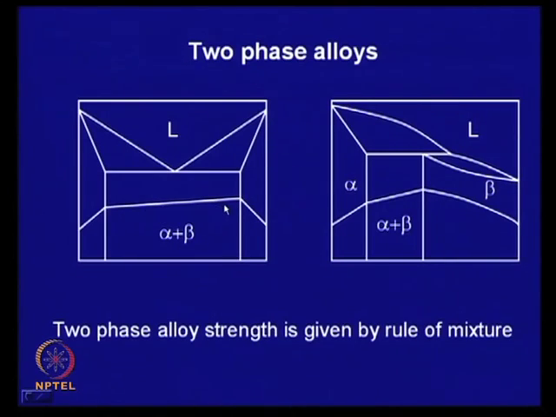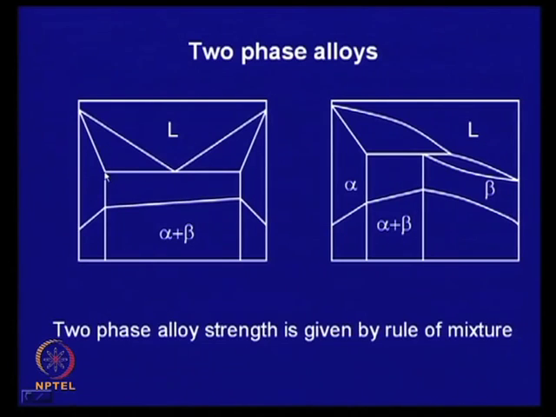So, if beta is stronger, then with increasing volume fraction of beta, strength of the alloy increases. Now, we will see what happens if we are able to control the nature and distribution of precipitates in a terminal solid solution, where the solubility, in this particular case the phase diagram shows the solubility, this is the solvus line, here solubility is independent of temperature.